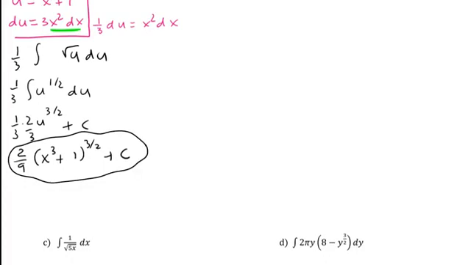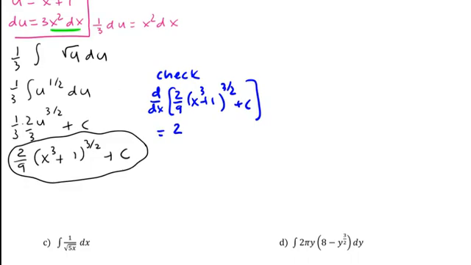Now, just to confirm, if I take the derivative of what I just found, I should end up where I started. Let's check it real quick. So if I take the derivative of 2/9 (x cubed plus 1) to the 3/2 plus c, the 2/9 stays, the 3/2 comes down, I rewrite the inside stuff, I decrease my power by 1, and I multiply the derivative of the inside, which is 3x squared.